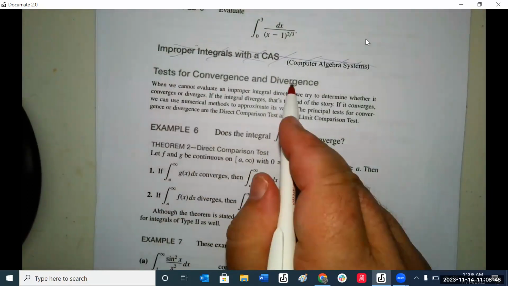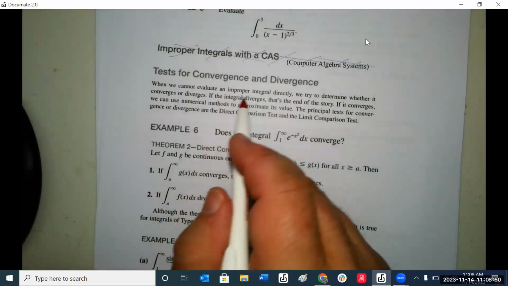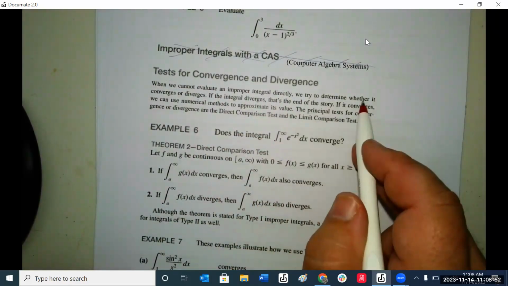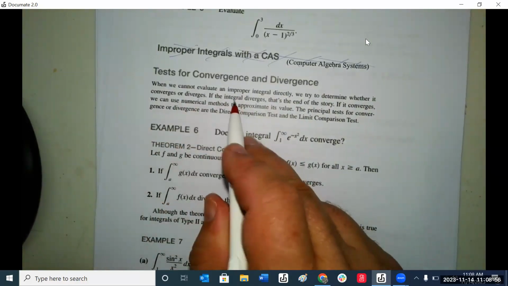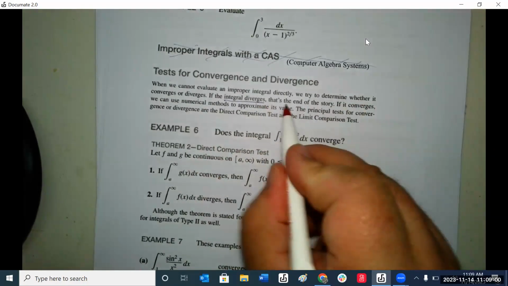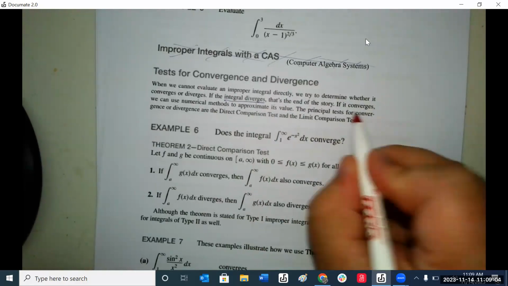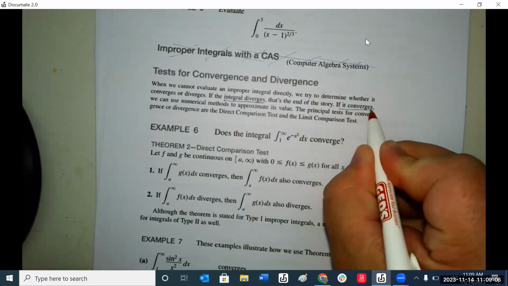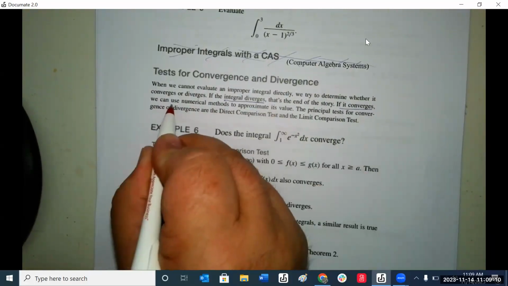So, tests for convergence and divergence. When we cannot evaluate the improper integral directly, we try to determine whether it converges or diverges. If the integral diverges, that's the end of the story. In other words, it goes to infinity and there's nothing we can do about it. If it converges, we can use numerical methods to approximate the value.